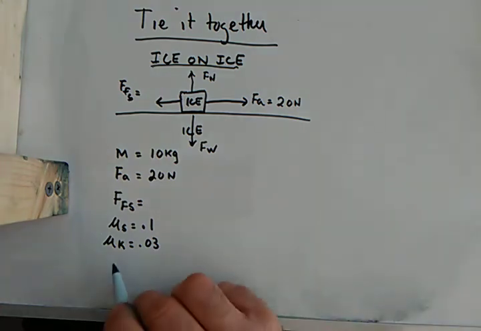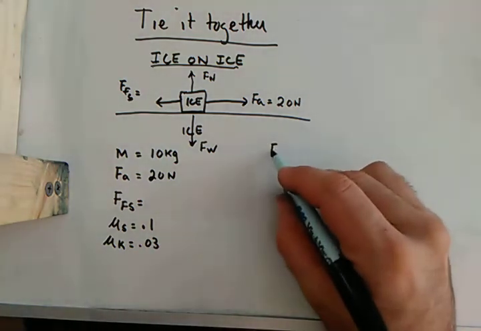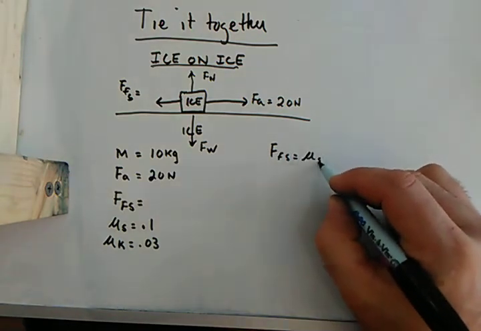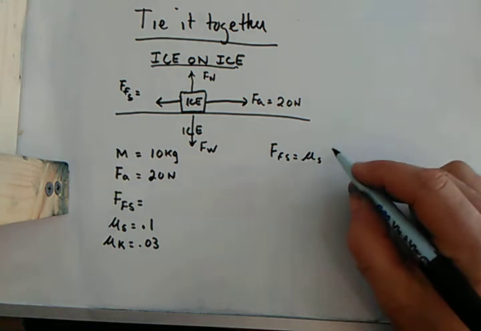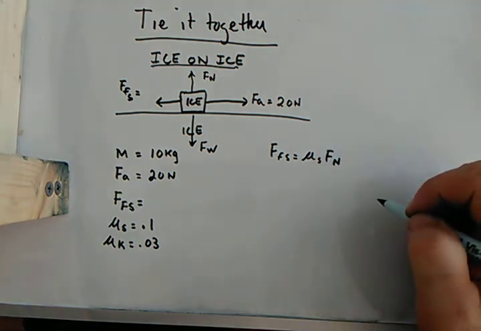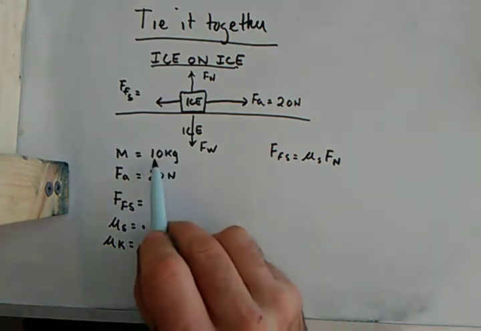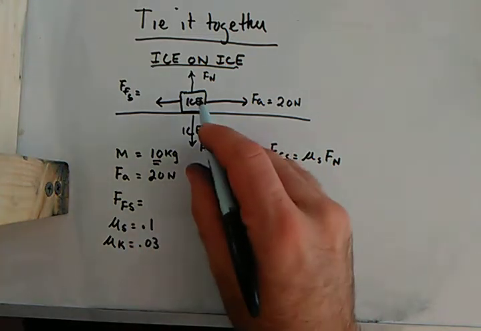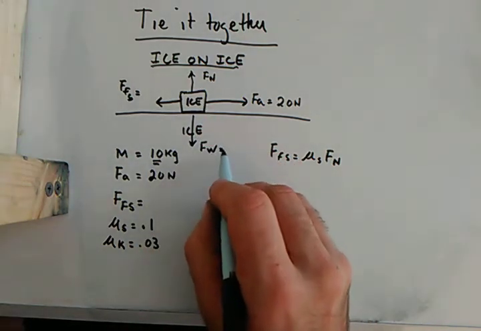So my first question was to find out the static friction here. Okay, so let's see. We know that the static friction equals mu sub s times the normal force. Now here's the issue. I only gave you the mass. So let's first of all say, well, this mass has to have a weight.